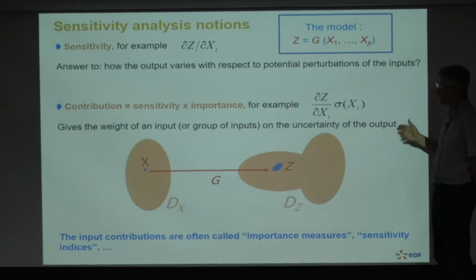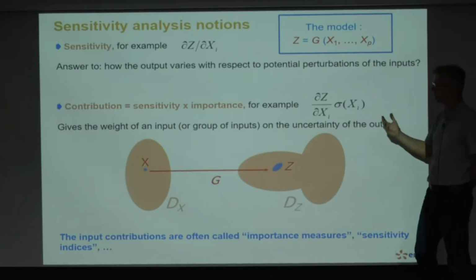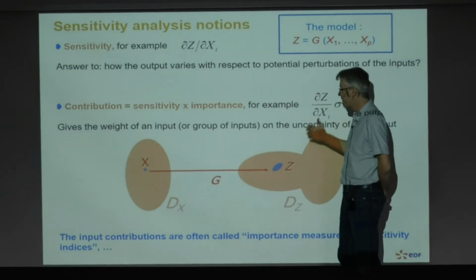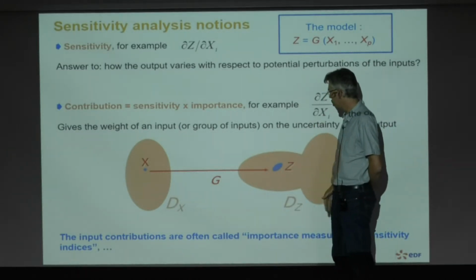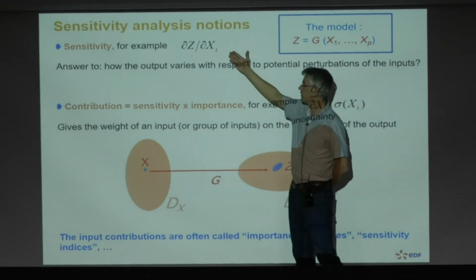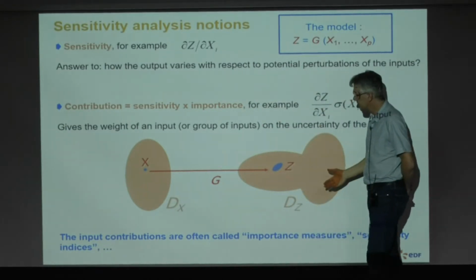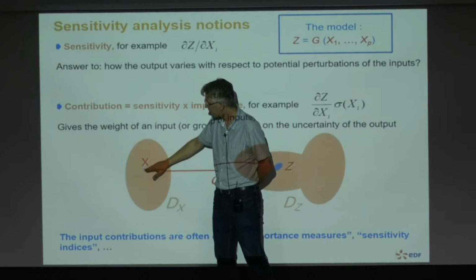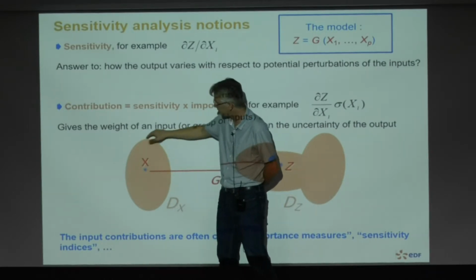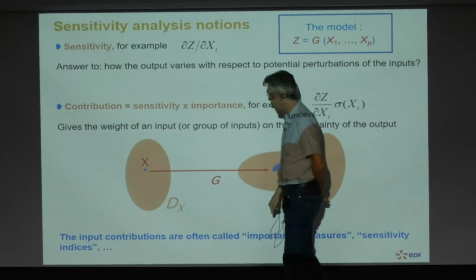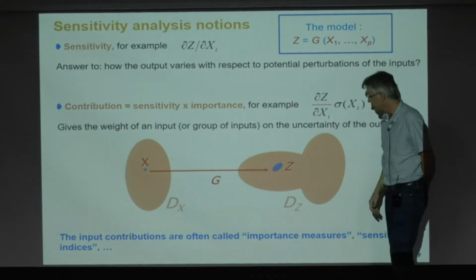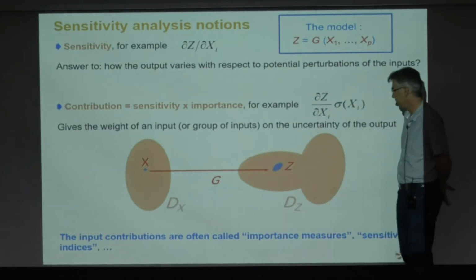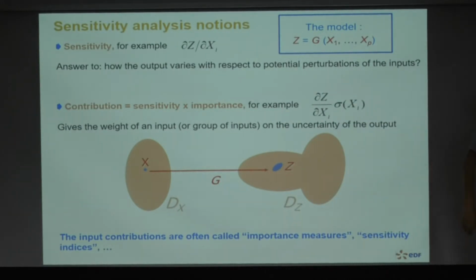Okay, so the global view of what we call global sensitivity analysis, by comparison to local sensitivity analysis, is that now we do not just take some little perturbation of X, we take the overall variation domain of X with some probability measures, and we look at the overall domain of variation of the output.